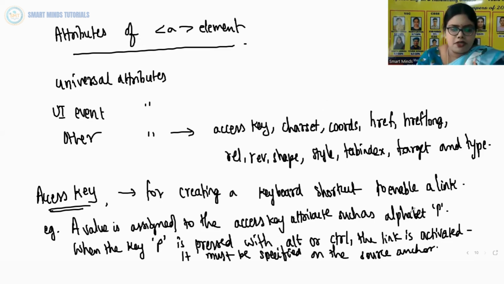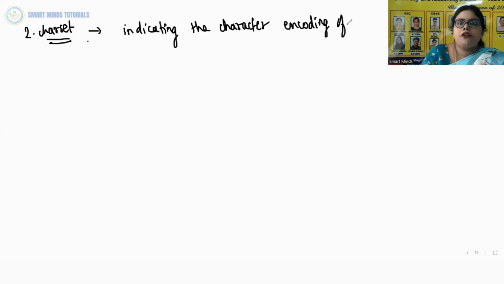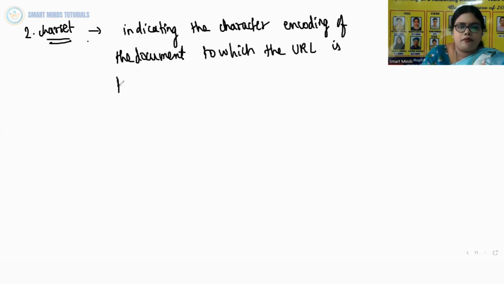The next attribute, after the accesskey attribute, is the charset attribute. The charset attribute is used for indicating the character encoding of the document to which the URL is pointed.